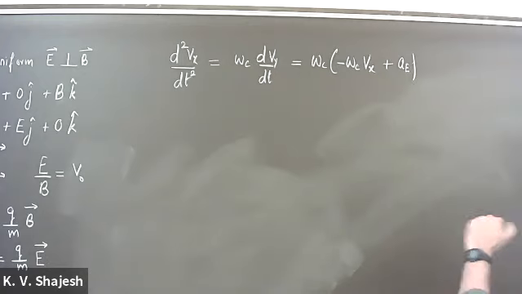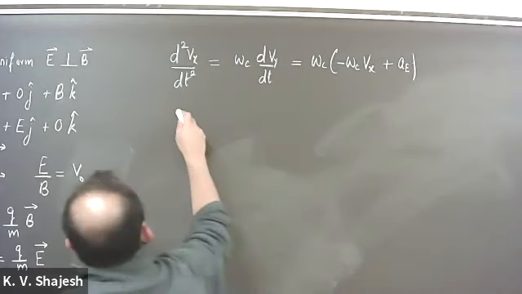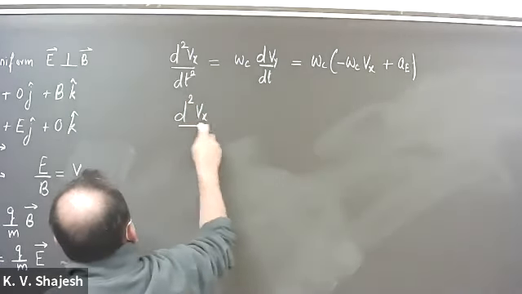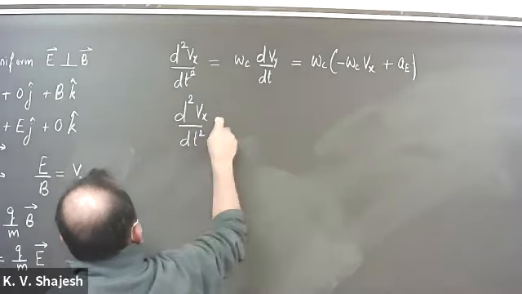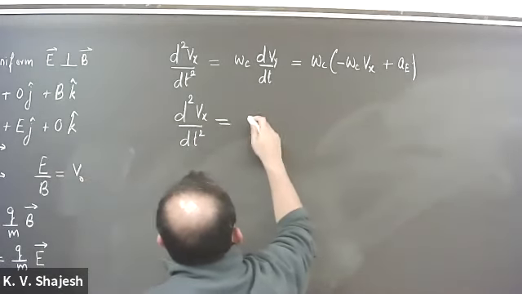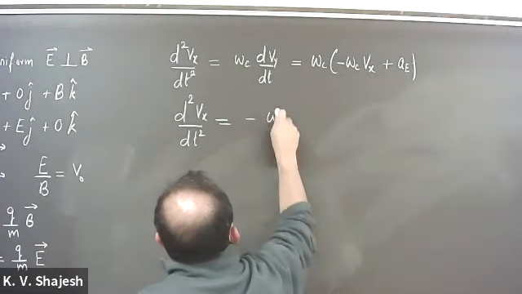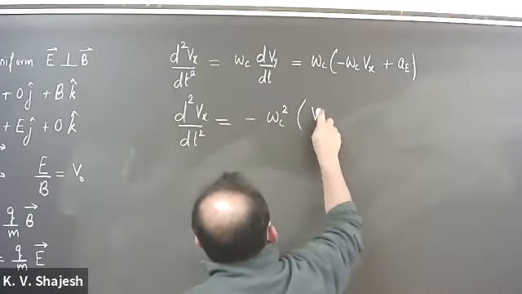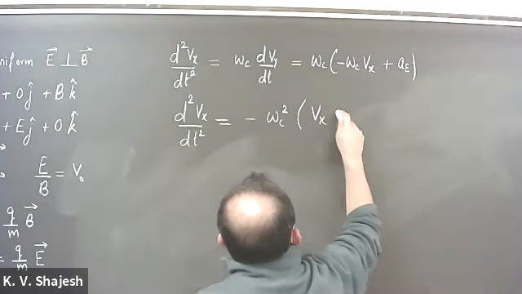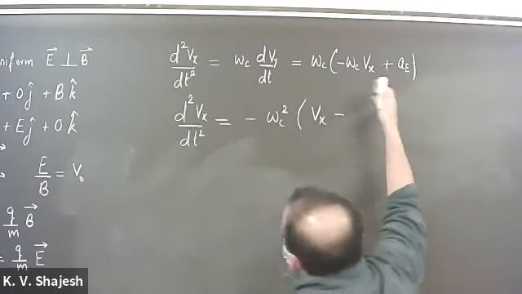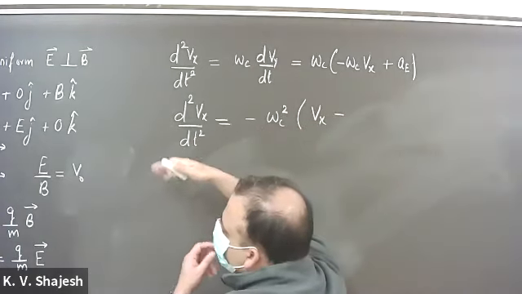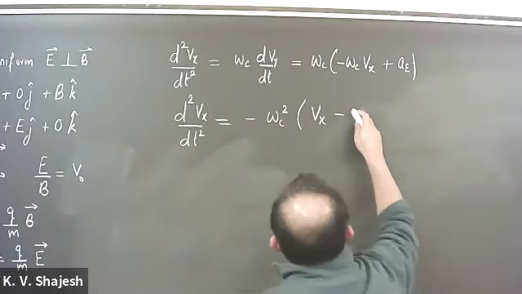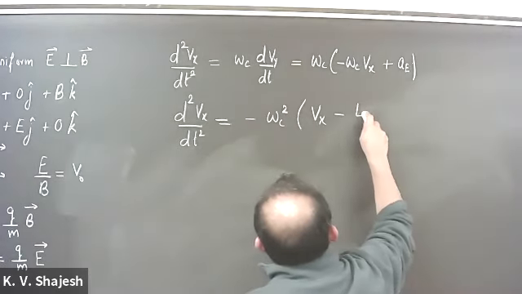So the second derivative of vx with respect to time is equal to minus omega c squared times vx minus a_E over omega c, which we said was E over B. So this is E over B.